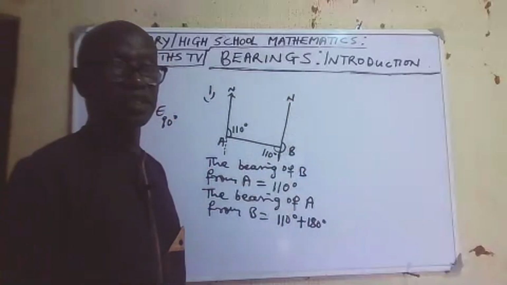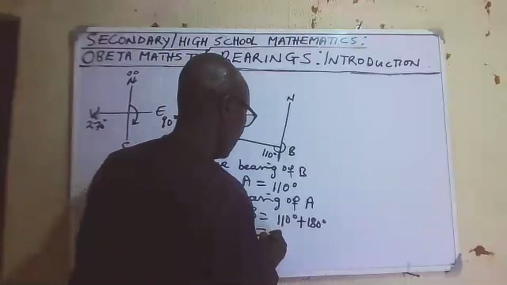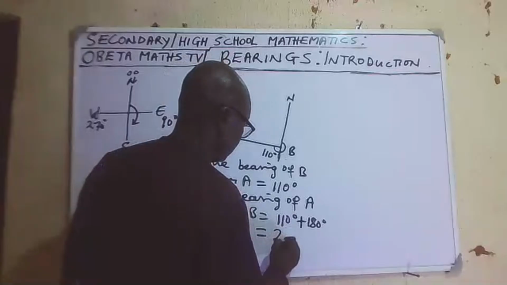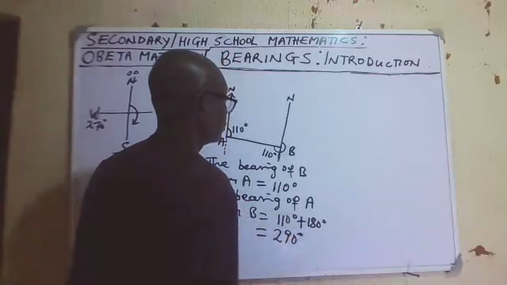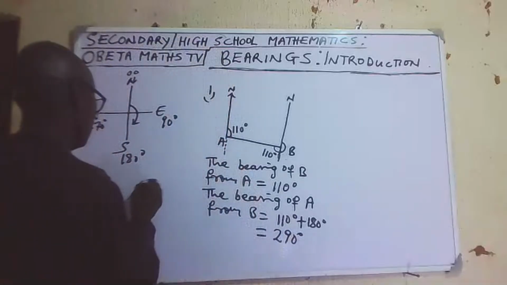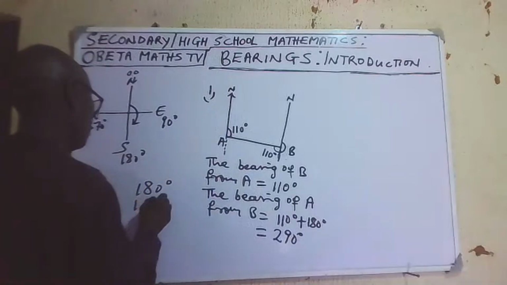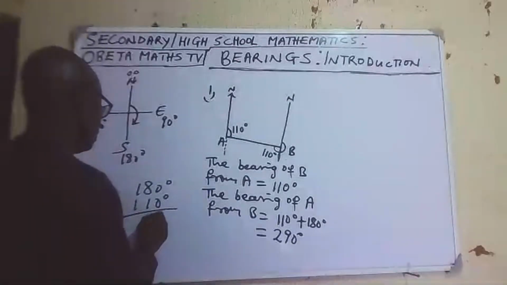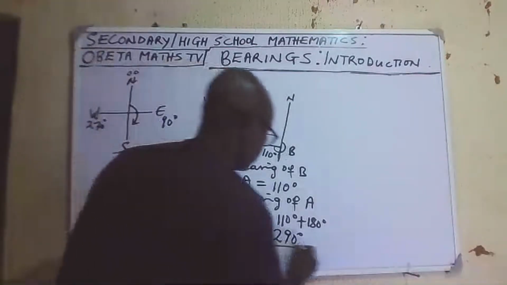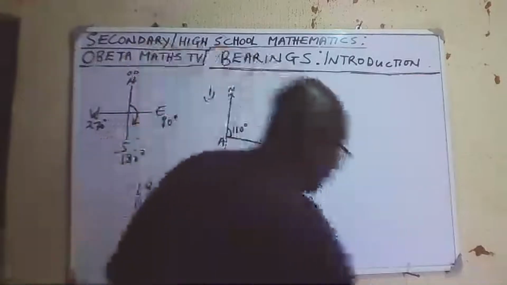Angles on a straight line is 180. So when you add, it will give us 290. That's 290 degrees. So that is about that.